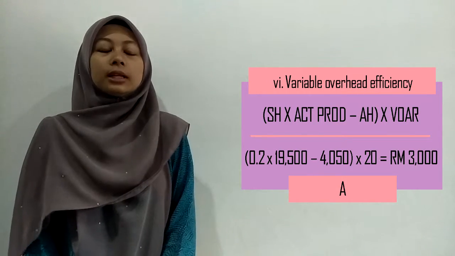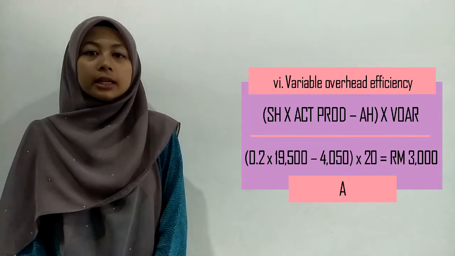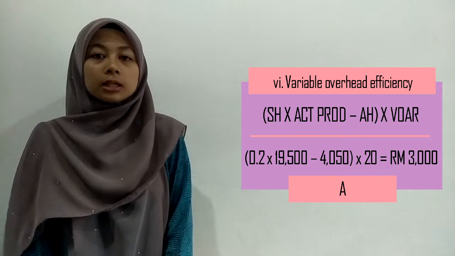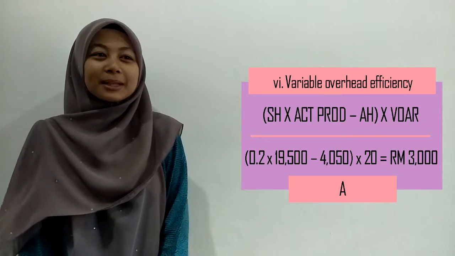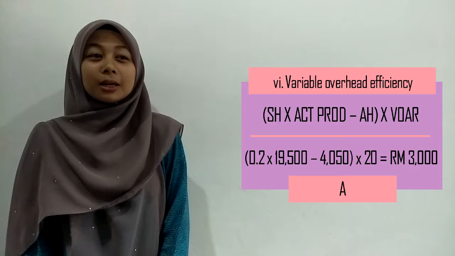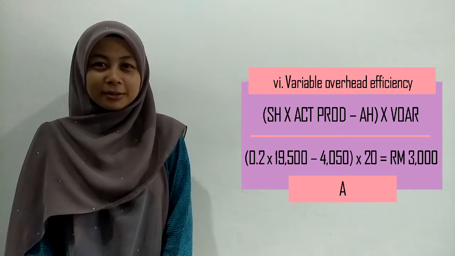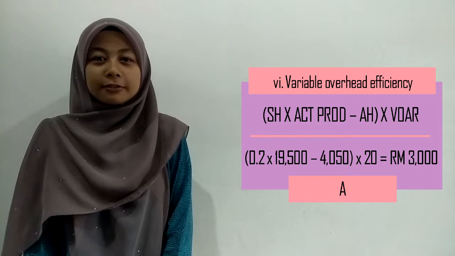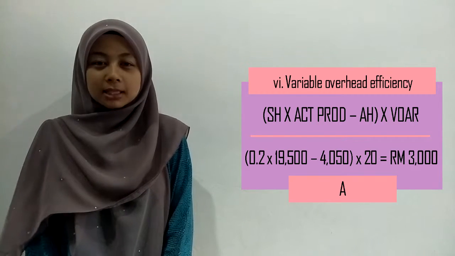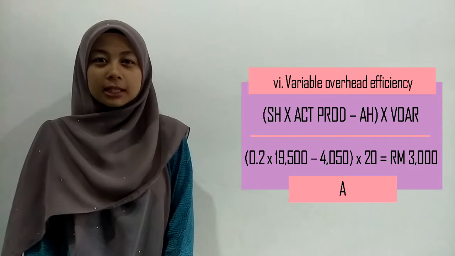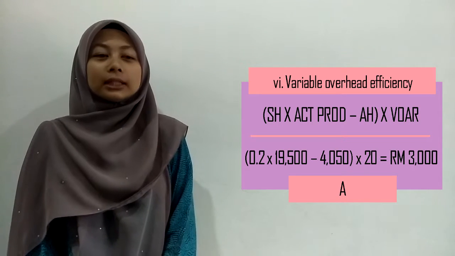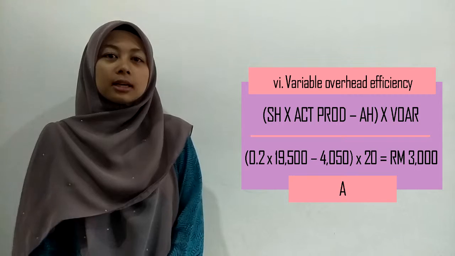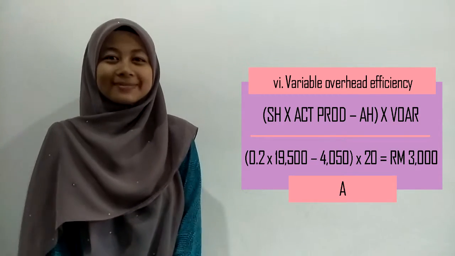Then we need to calculate variable overhead efficiency. We use the formula standard hour times actual production minus actual hour, times VOAR. 0.2 times 19,500 minus 4,050 times 20 ringgit. So we got 3,000, which is a negative figure, and it is adverse.